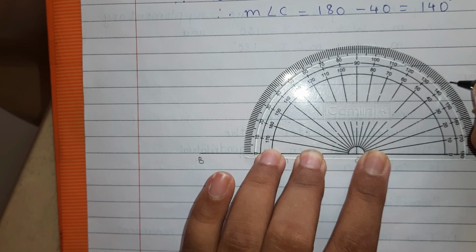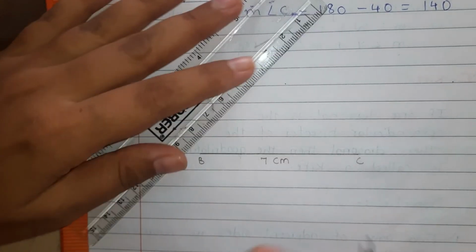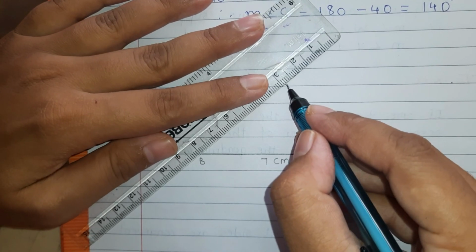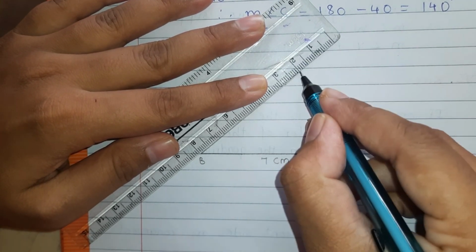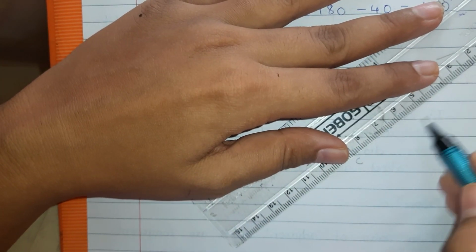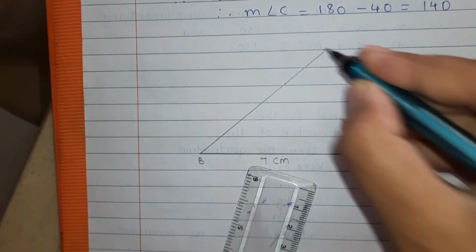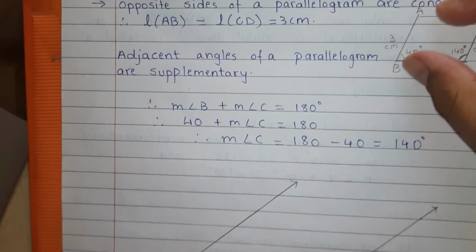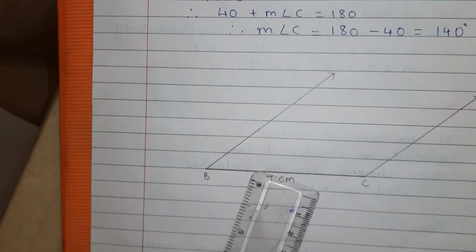So mark here 140. Now join these two. This is 40. Draw a ray and this is 140. So draw a ray.